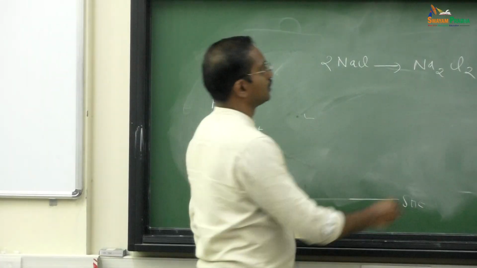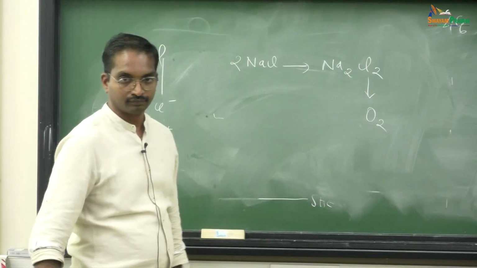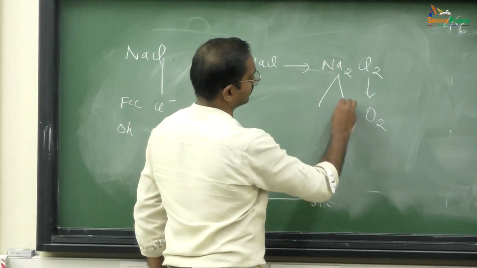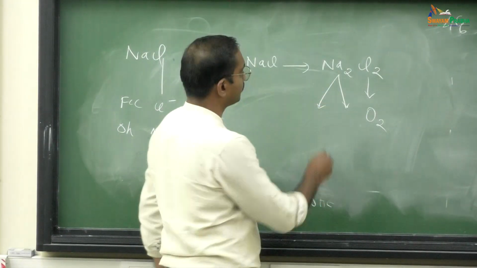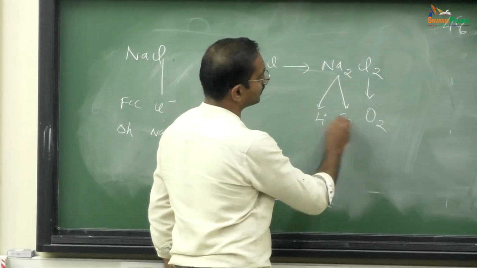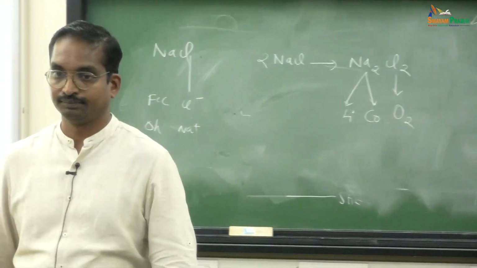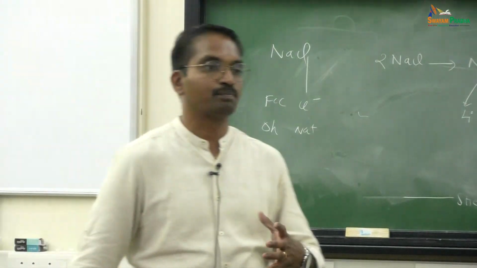Now, these chloride ions I replace with oxide ions, and the sodium ions I split into 2. One of the sodium ions is replaced with lithium, the next sodium ion is replaced with cobalt, that is LiCoO2, lithium cobalt oxide. That is your battery material.